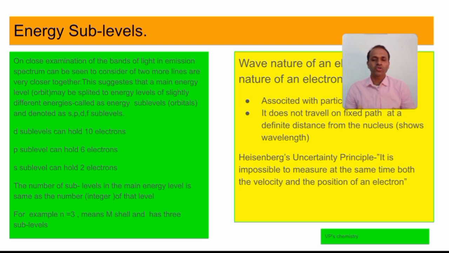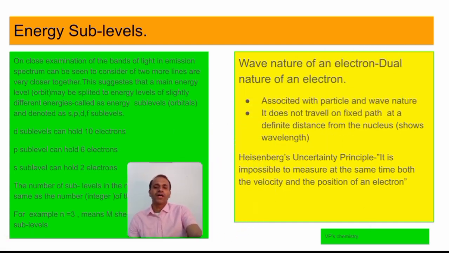For example, n equal to 3 indicates the M shell, the third energy level, and the M shell has 3 sublevels: 3s, 3p, and 3d. So s can hold 2 electrons, p can hold 6 electrons, and d can hold 10 electrons.